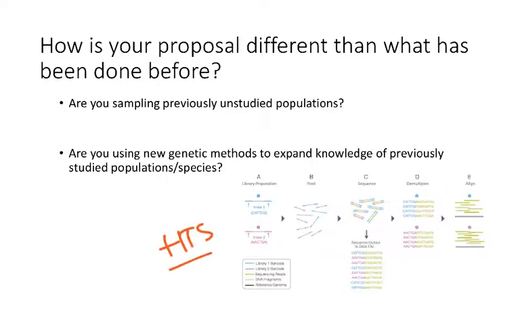So this new technology we've been talking about all semester, right? Maybe your contribution, how this proposal is different, is it's building on that previous knowledge by using newer, up-to-date technology to give us even more fine-scale information about the system that you are focusing on.